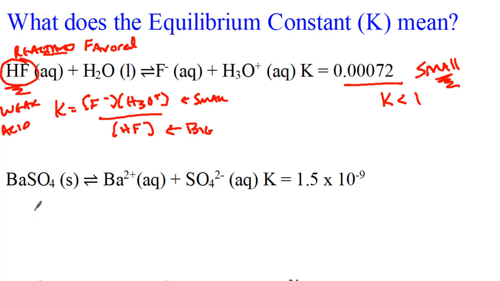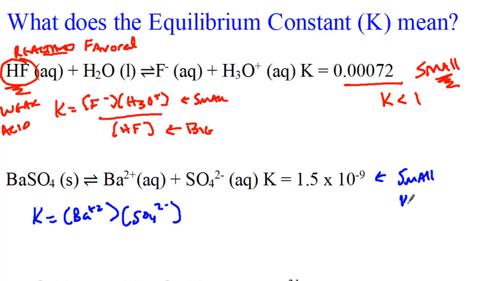Let's take a look at this next one. We have our K equal to the barium positive 2 times the sulfate negative 2. And look at this K. Is this K really big or really small? It's 1.5 times 10 to the negative 9, which is 0.0000000015. That is really small.